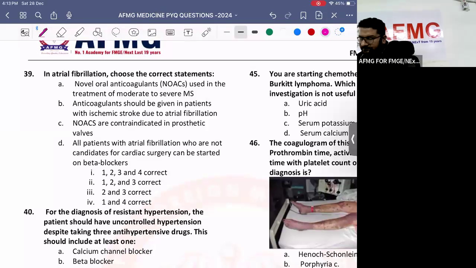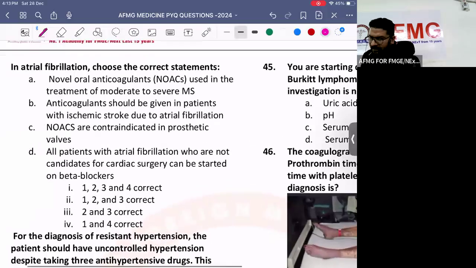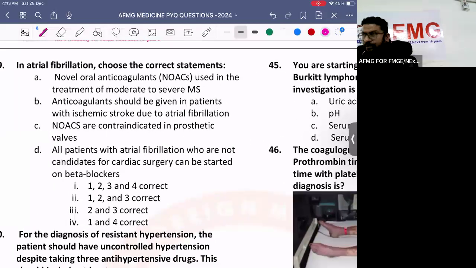NOAC, new oral or novel oral anticoagulants, they are used in treatment of moderate to severe MS. Tell me. Is there any role of NOAC in MS? When do we give anticoagulants? When do you give anticoagulants? Tell me.